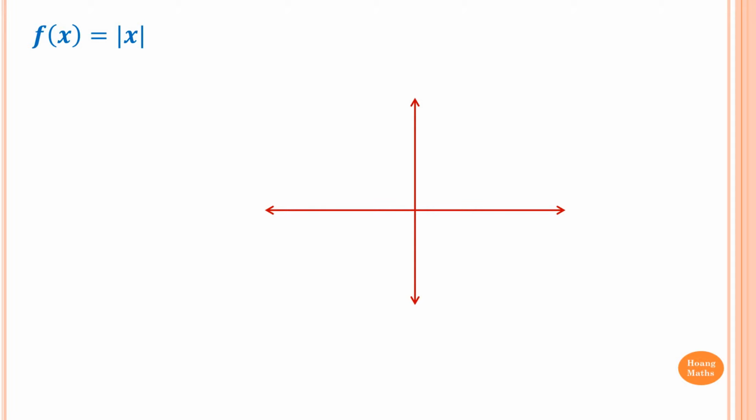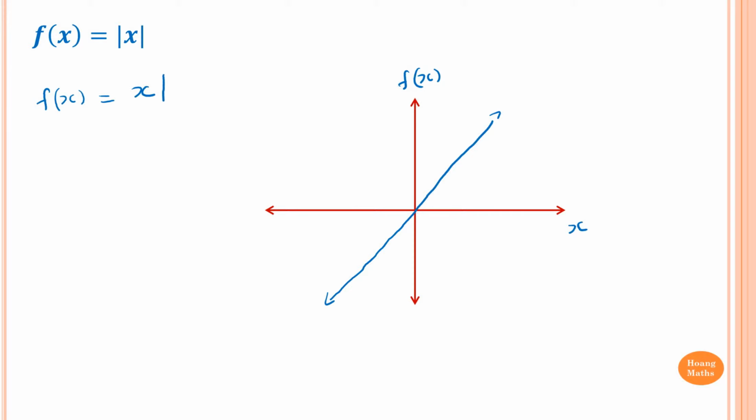To graph the absolute value of x, let's say f(x) is equal to x. If we ignore the absolute value, the graph will be a straight line just like this, y equals x. We label this x, this is y, but in this case I just put f(x) because f(x) equals x.